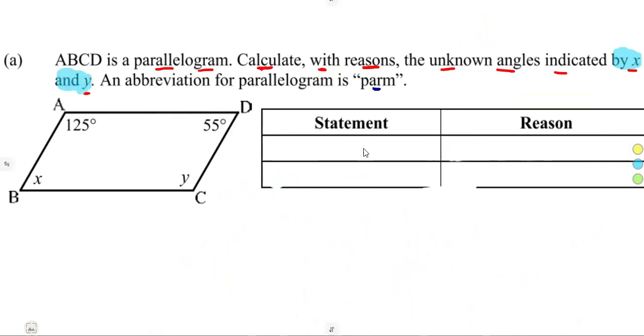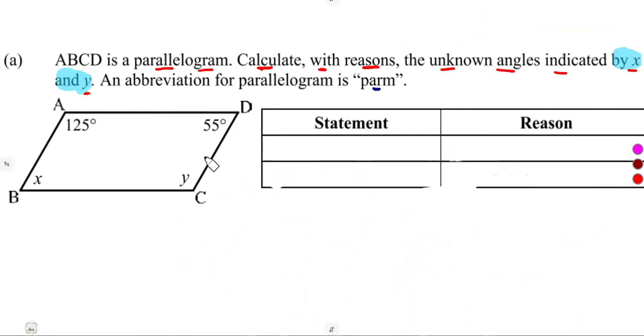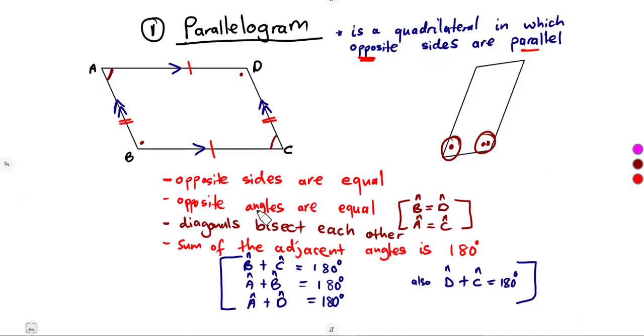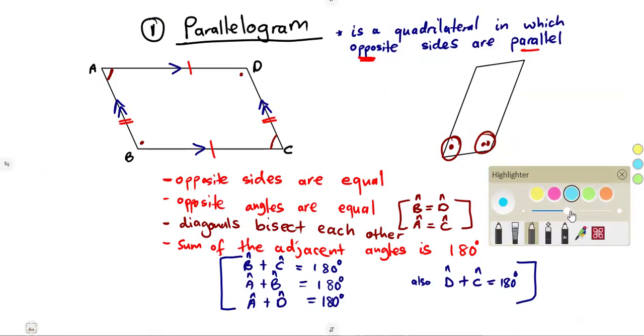So we are talking about angles. What is the property that you know about angles? Is there any property that you know about angles? That property can be used now to find these angles X and Y. Remember we said, where there are angles, what is the property that we said?